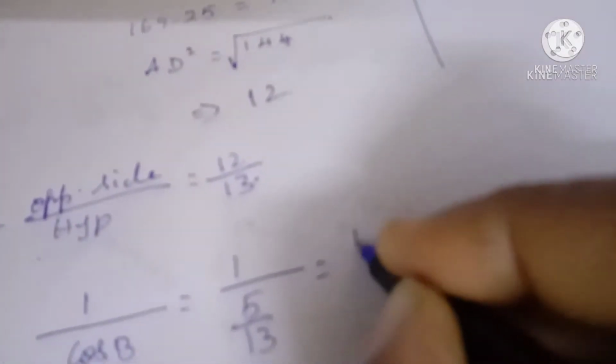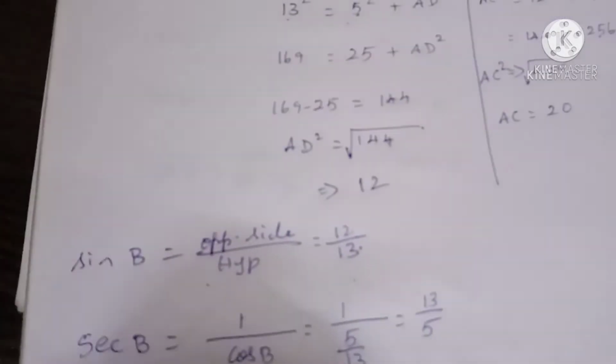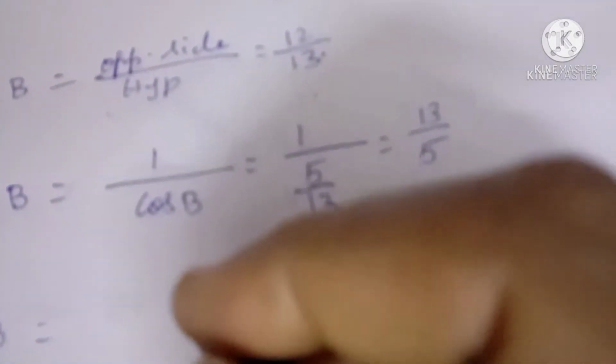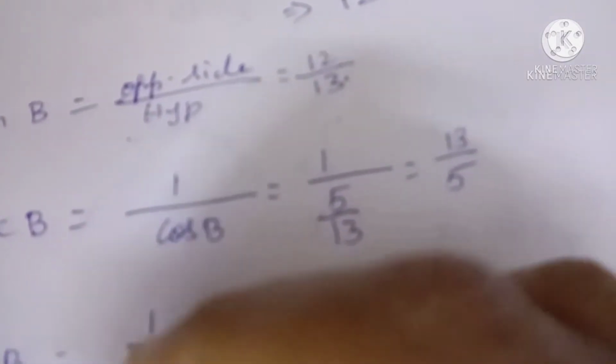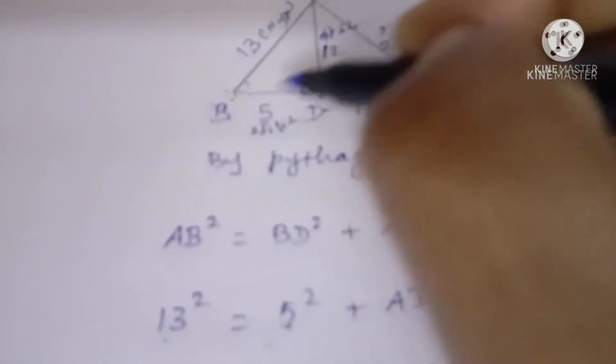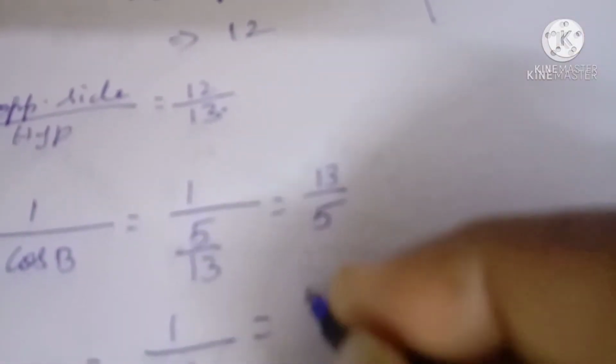The reciprocal of 5 by 13 is 13 by 5. Then the last one is cot B. Cot B is the reciprocal of tan B. Tan B is opposite side by adjacent side. So the opposite side is 12, the adjacent side is 5. Therefore 1 by 12 by 5. The reciprocal of 12 by 5 is 5 by 12.